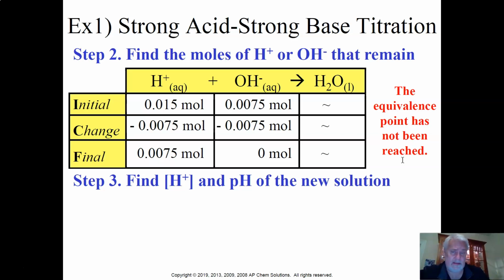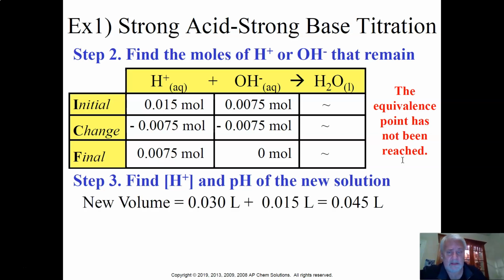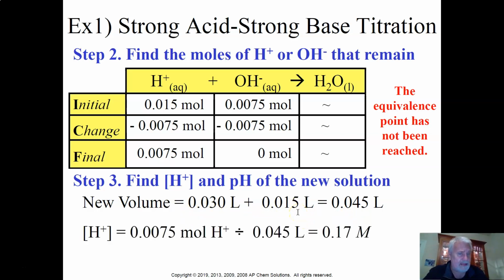Now, find the hydrogen ion concentration. Well, that's not too hard. You simply take the new volume, because you've added 15 more mils. Sometimes people forget that little step. And then you just go, hey, I know how many moles of the stuff I got, and I can take that and divide it by the volume, moles divided by liter will give you the concentration.